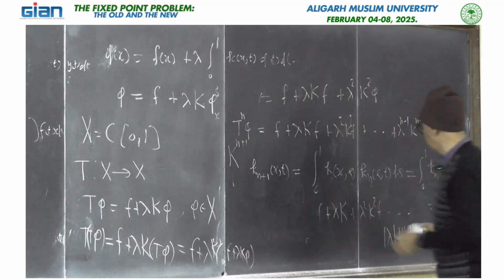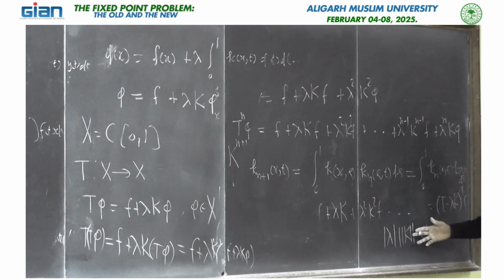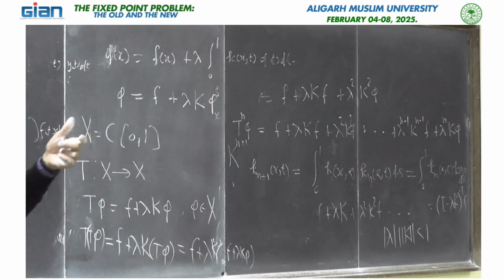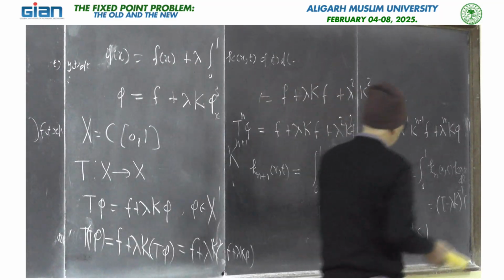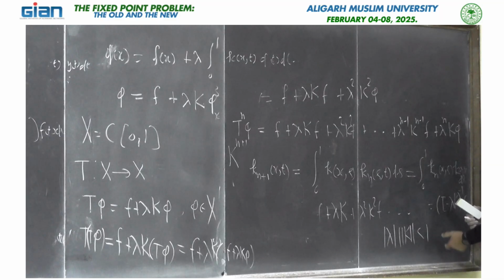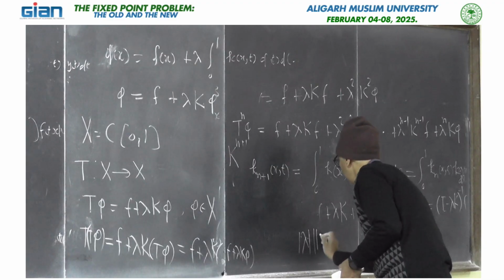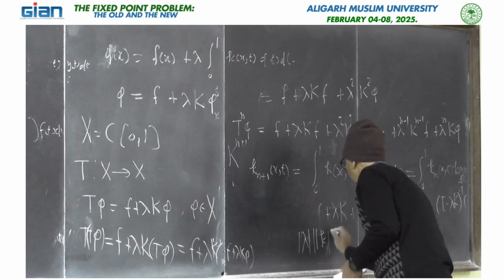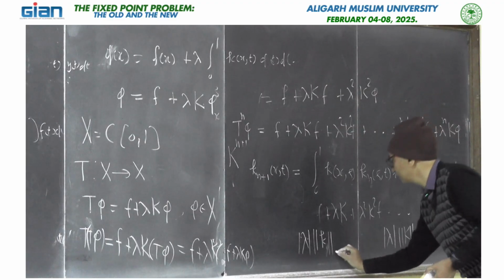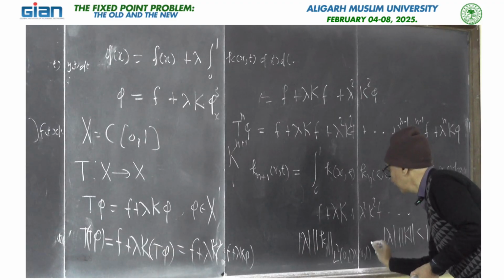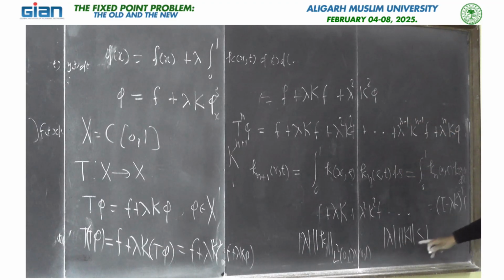Actually what you know is the norm of the little k, because you know the kernel, so you may have to get a slightly more restricted condition: mod lambda times the norm of little k, where little k is in L2 of (0,1) cross (0,1), and this bounds the operator norm on L2(0,1).